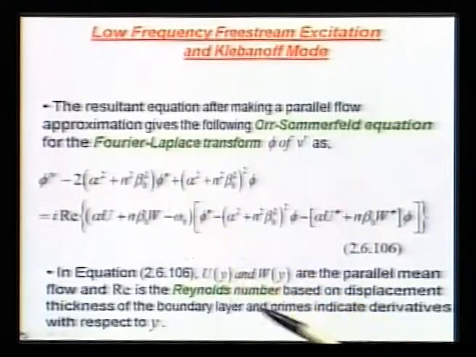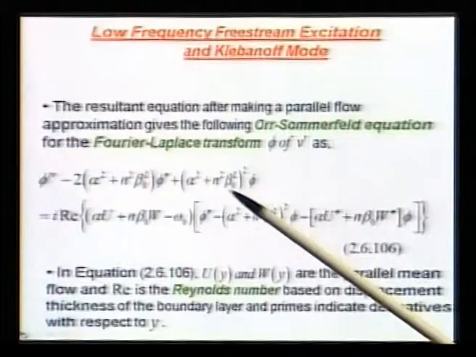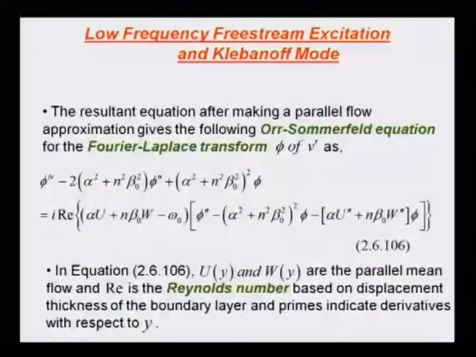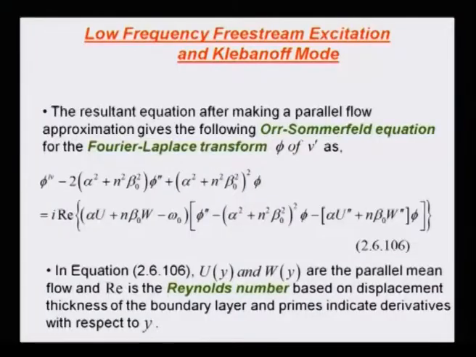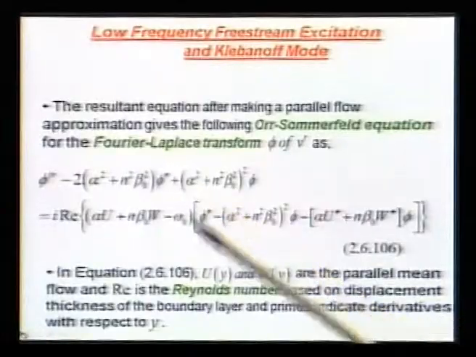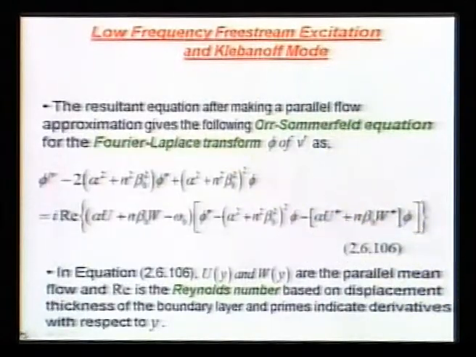In this case, because we are talking about an experiment in a wind tunnel, we have periodicity in the span-wise direction and we know beta naught. I know the wind tunnel thickness, so I can fix beta naught. And I can solve this equation for different values of n.